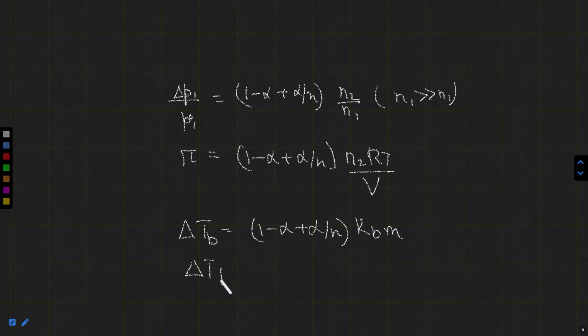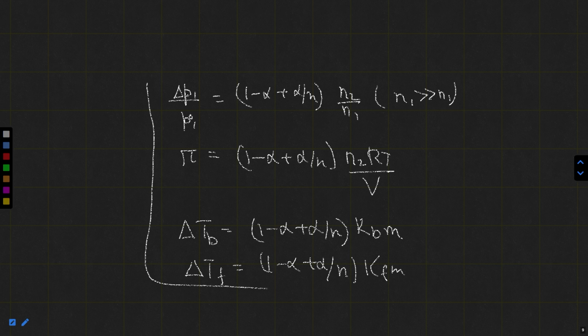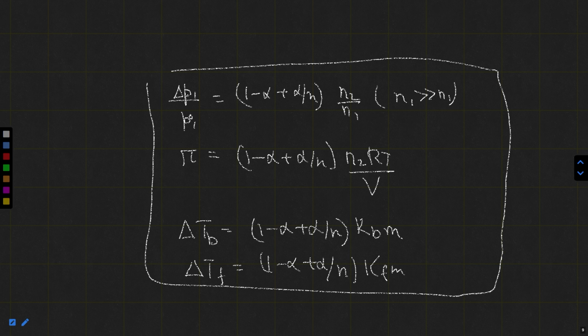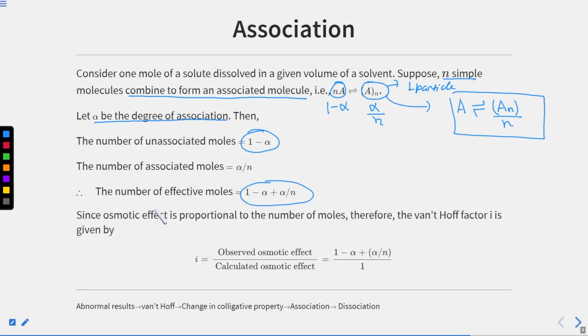Again, delta Tf can be written as 1 minus alpha plus alpha by n, Kf m. Now these are our new formulas after association, where alpha is the degree of association.